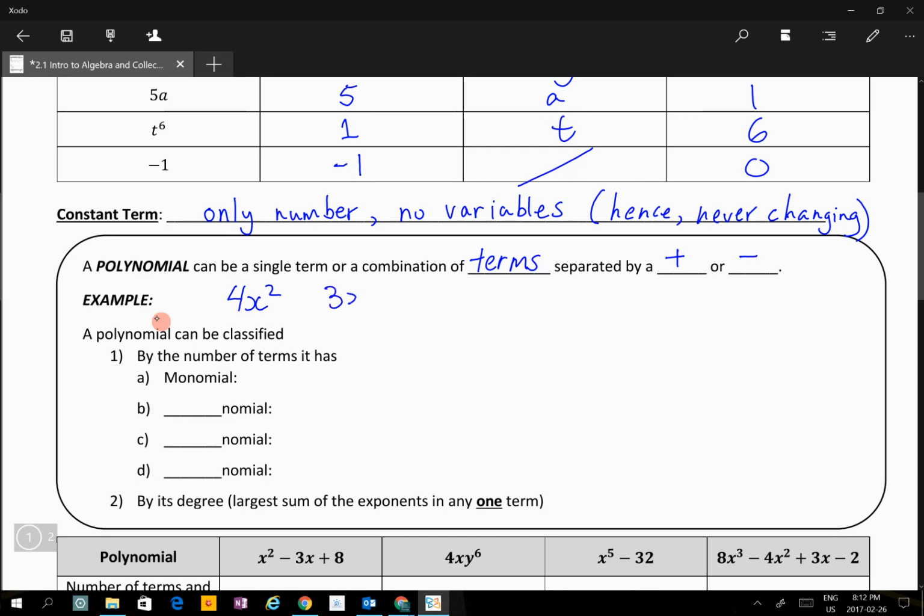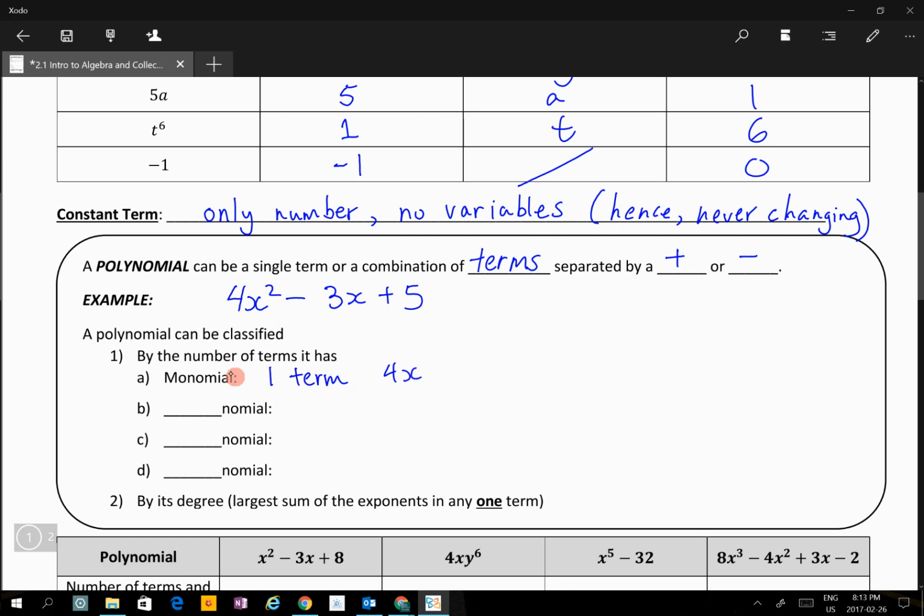Another term would be 3x. I'm going to separate this with a minus sign. So 4x squared minus 3x plus 5. So here I have a polynomial with 1, 2, 3 terms. Now polynomials can be classified by the number of terms it has. A monomial would be a polynomial with one term.